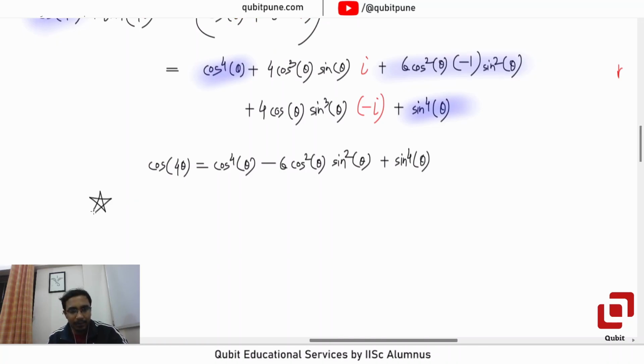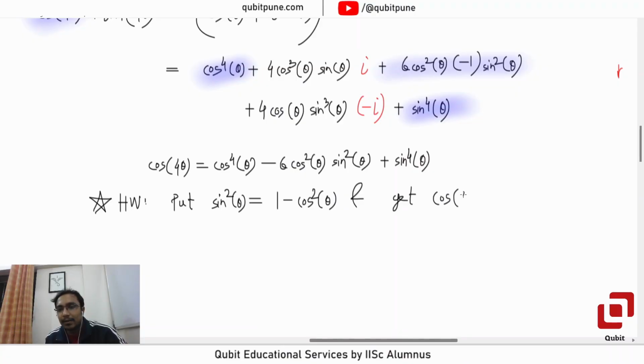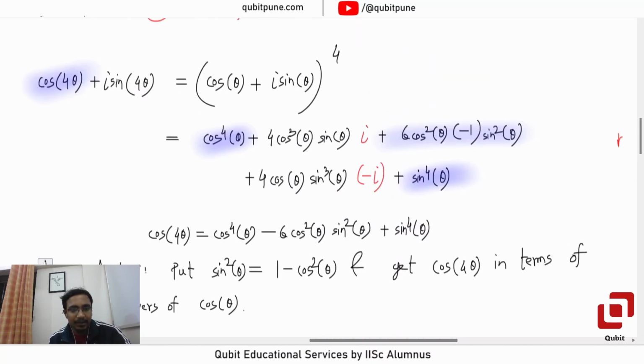You can try that as homework. Will you be able to do that? Yes. Okay. And if we equate the imaginary parts, then you will have a formula for sin 4 theta.